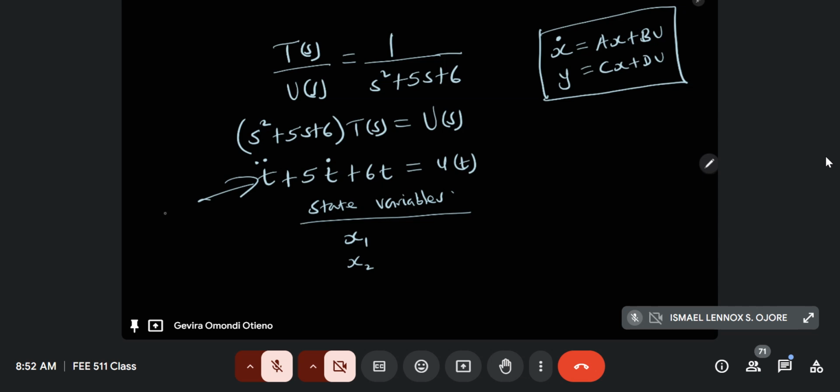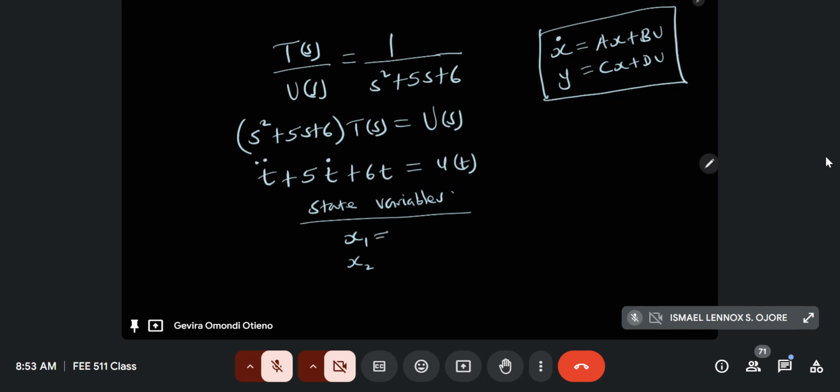So the first variable would be T, the second variable would be the derivative of T, single derivative, and then the third one would be a double derivative. If there's a fourth one, it would be a triple derivative, and so on. But in our case here, we only have two state variables.